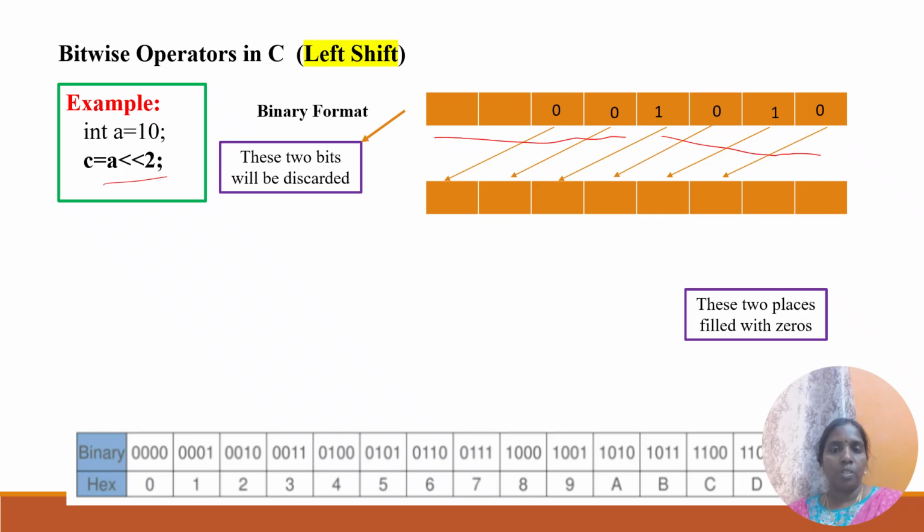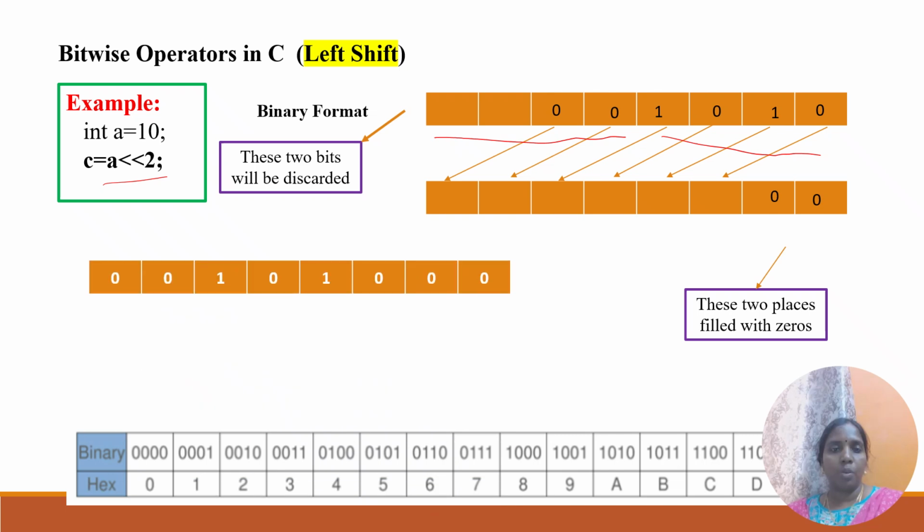These values will be used, and the last two positions will be filled with 0. So this is the left shift operation. If you take the bit value of this, it is 32 plus 8, which is equal to 40. So 10 left shifted twice will give you 40.